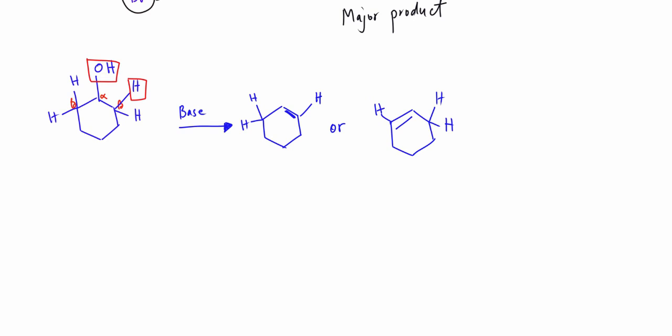All right, let's try another example. Let's say we have a structure such as this, and we're going to have a Br there.